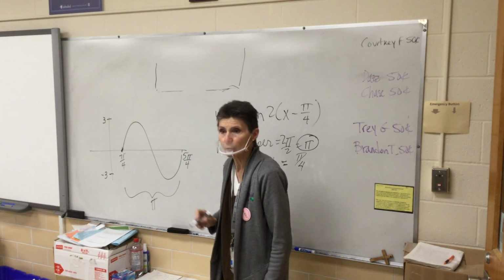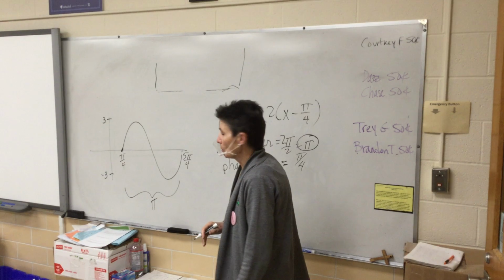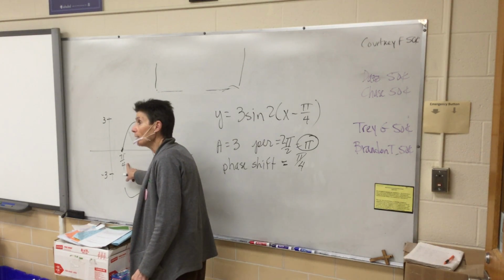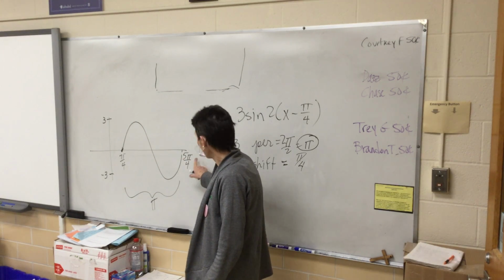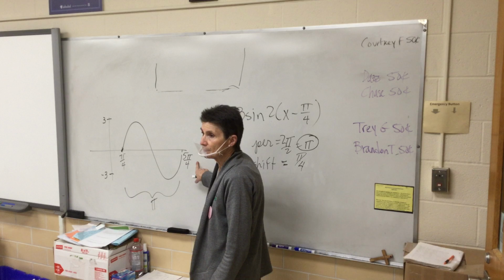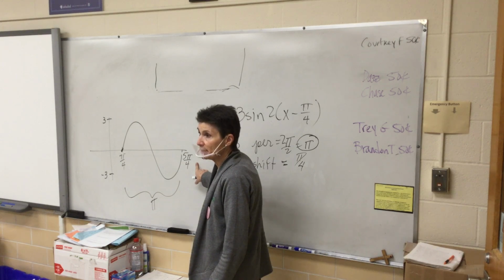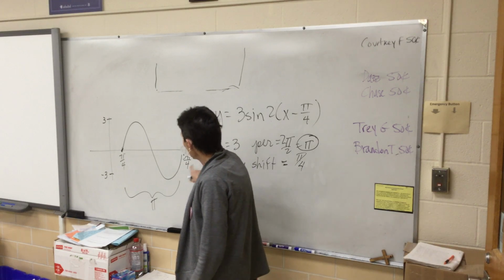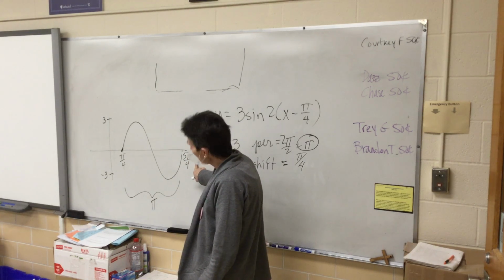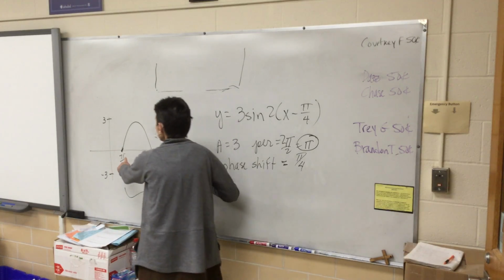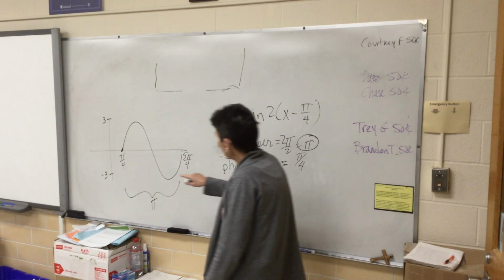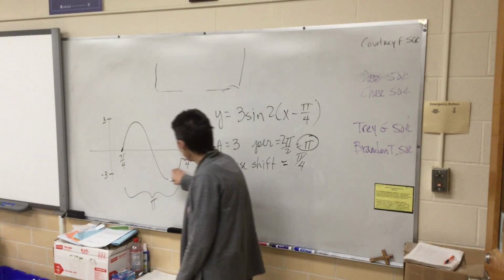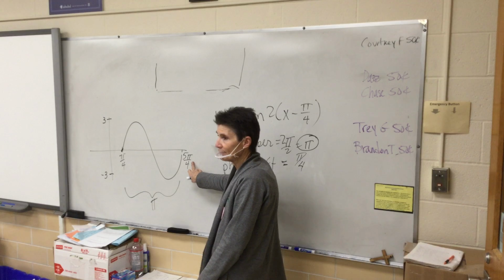But it is 1 1/4, 5/4. So Rory said, okay, I'm starting at 1/4. I'm traveling 1. So I'm going to end up at 1 1/4. That makes perfect good sense to me. Now, this number is not the period. The period is pi. You already figured that out. So we had to take 1/4 and add a pi to it, and that's how we got 5/4.